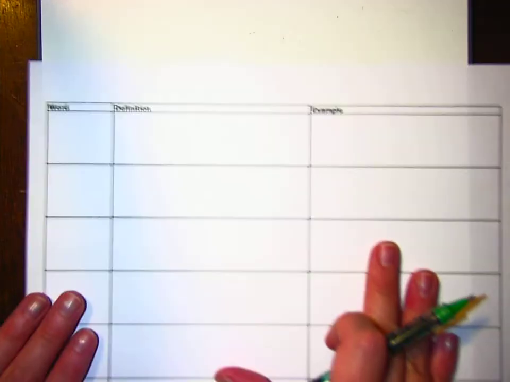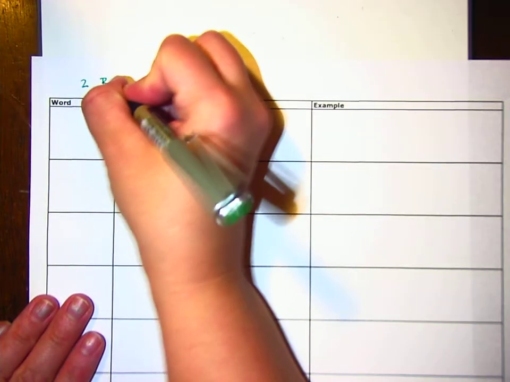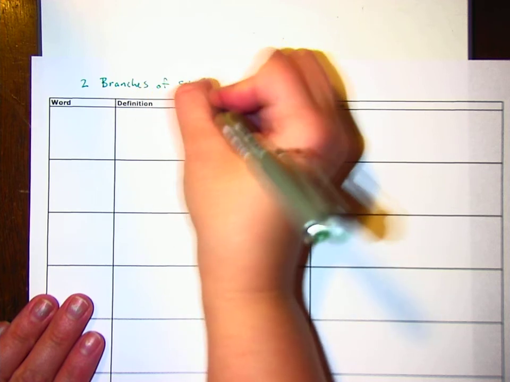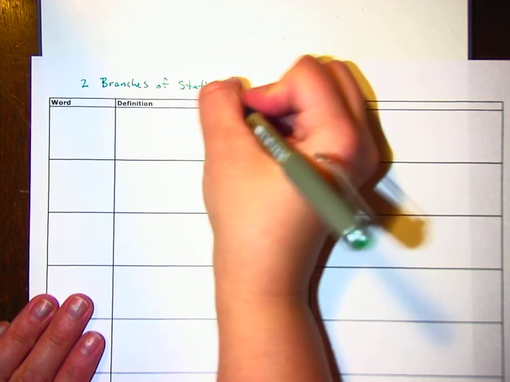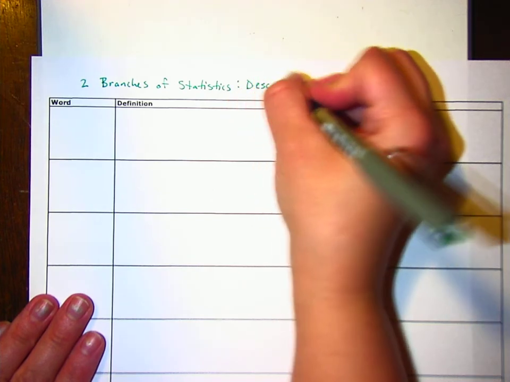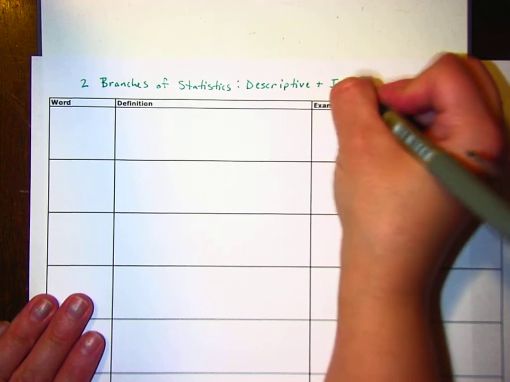Okay, so there are 2 branches of statistics. I'm just going to write that right here. There are 2 branches of statistics. There's the descriptive branch and the inferential branch.